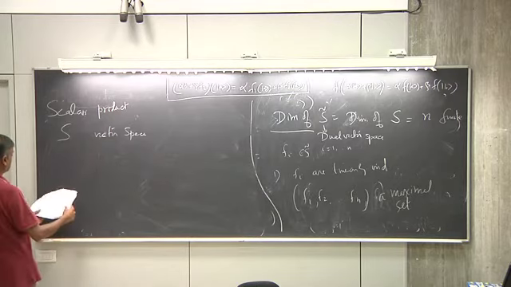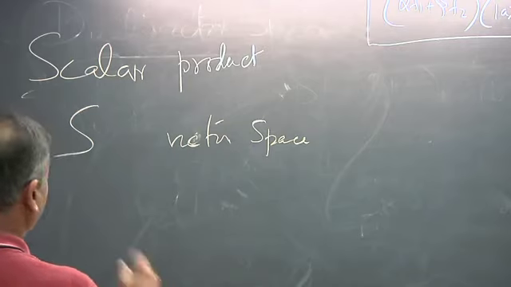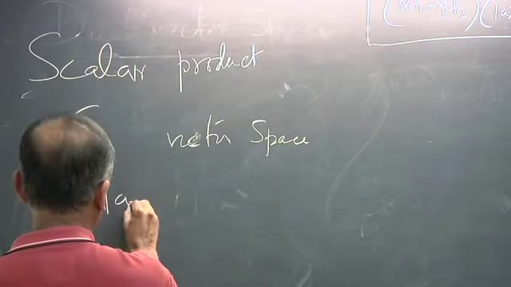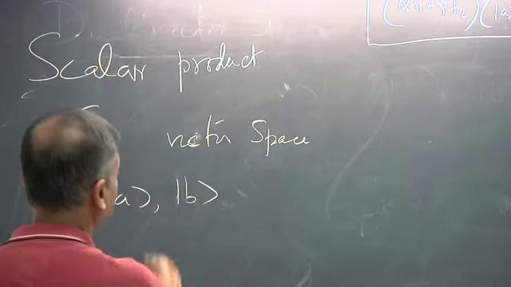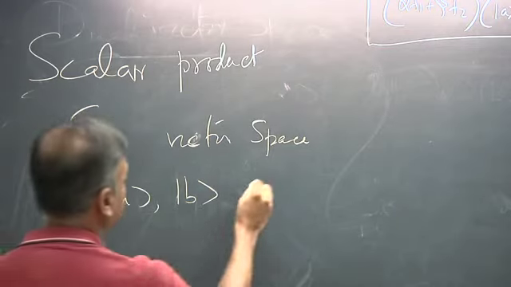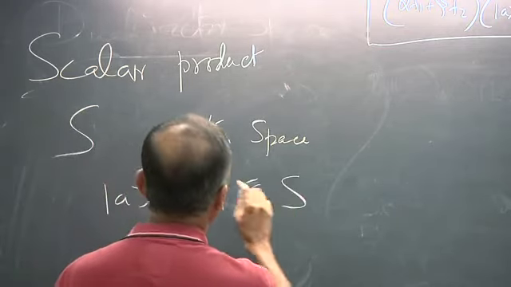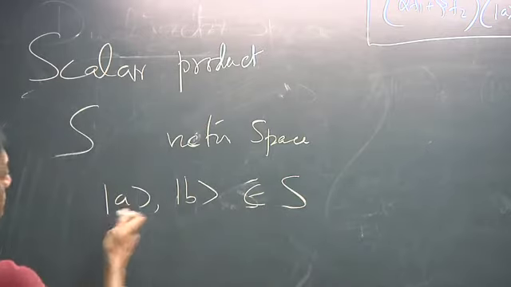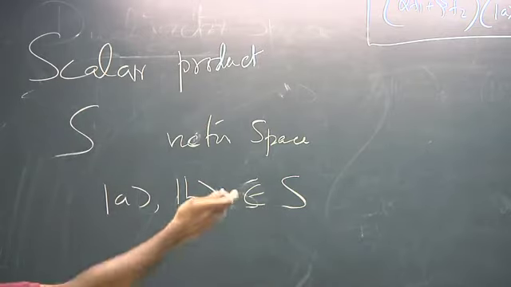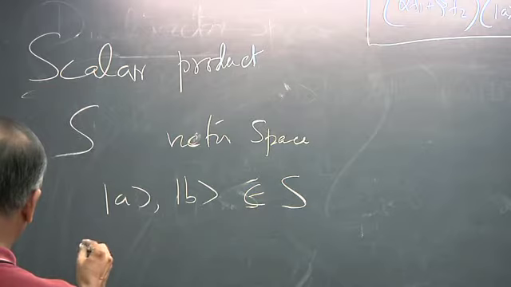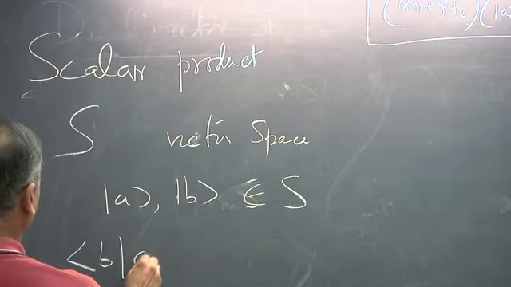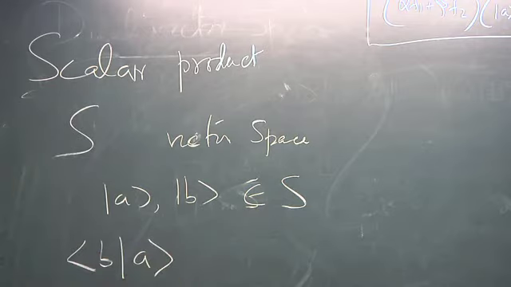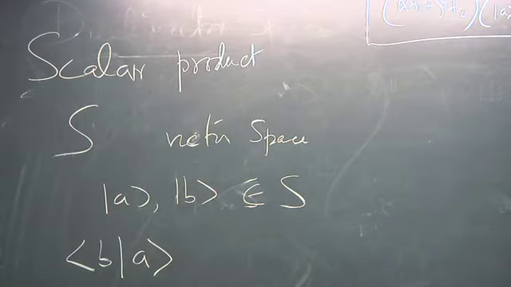So given any pair of vectors A and B in S, the scalar product gives you a complex number, as I said before, and I will use the notation BA for the scalar product. Again, I'm using the quantum mechanical bracket notation.